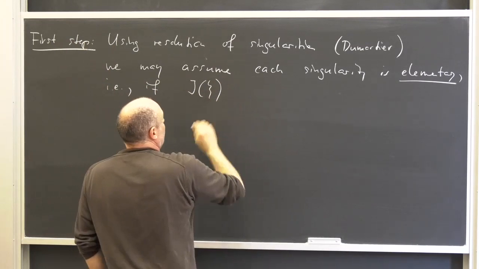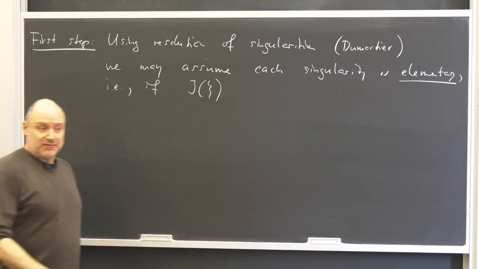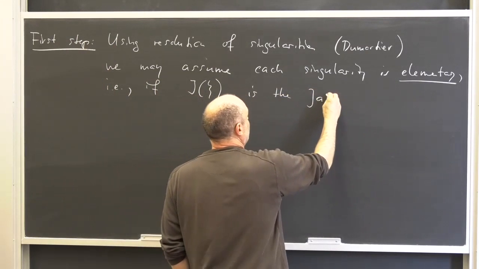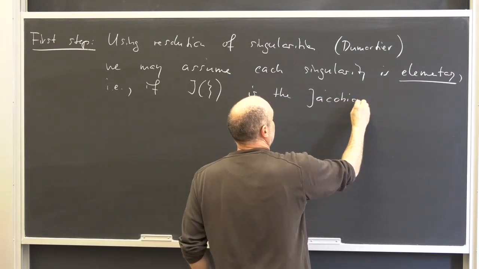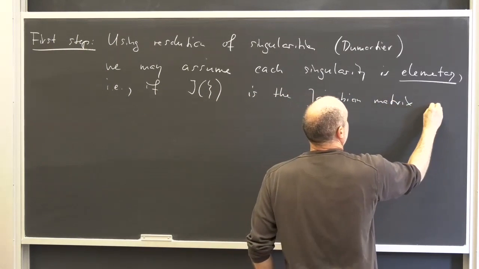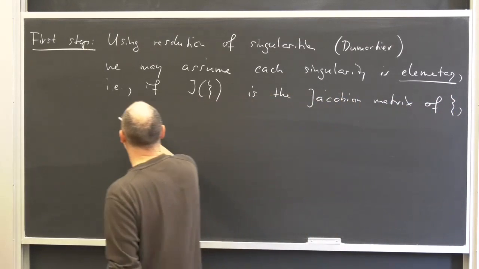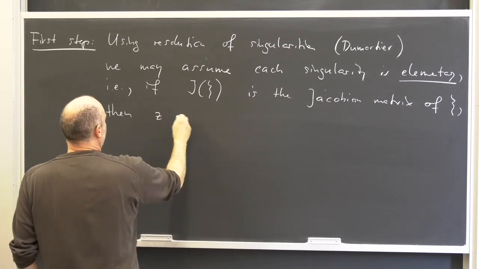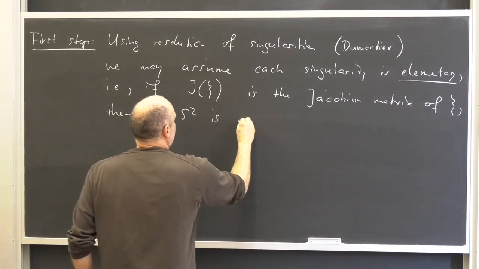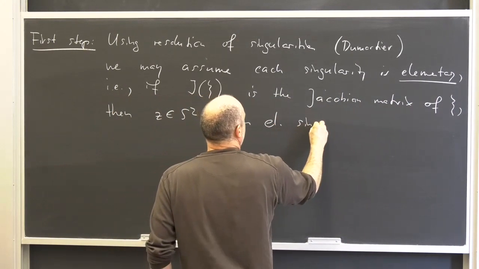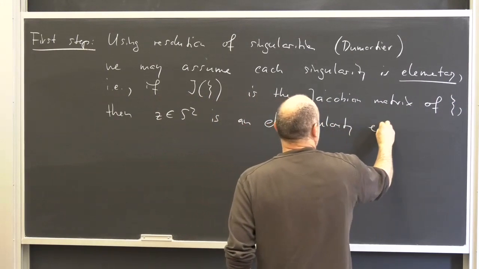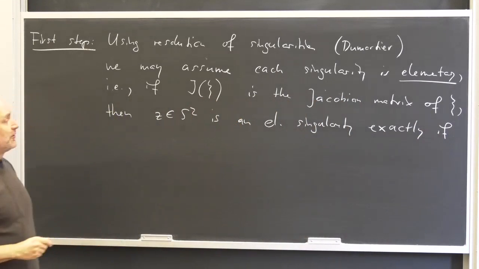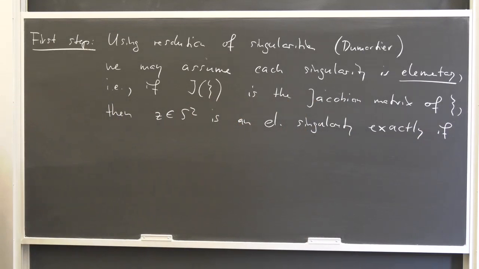So then we have the associated Jacobian matrix, right? The Jacobian matrix of all partials of the vector field. Then z in S2 is an elementary singularity exactly if at least one of the two eigenvalues of the Jacobian matrix at z is not 0.